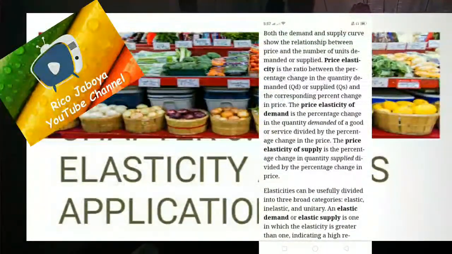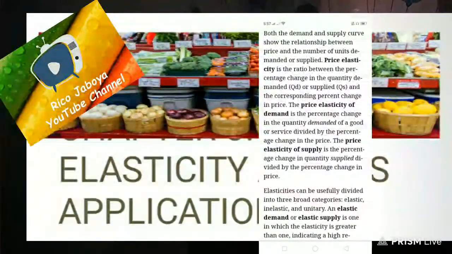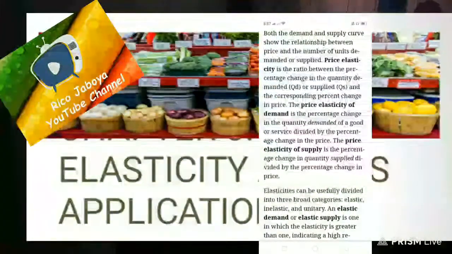So, the price elasticity of demand is the percentage change in the quantity demanded of a good or service divided by the percentage change in price. That is the price elasticity of demand. The price elasticity of supply is the percentage change in the quantity supplied divided by the percentage change in the price. That is the price elasticity of supply.